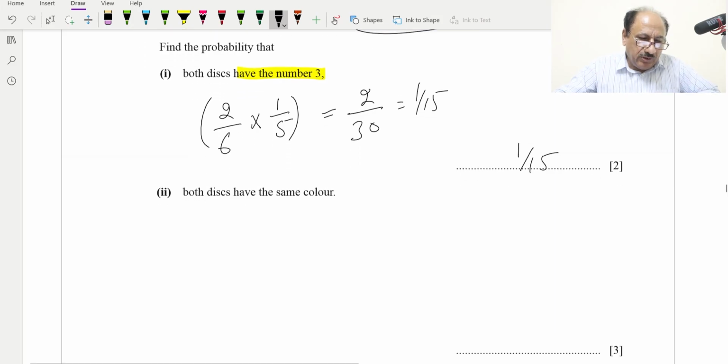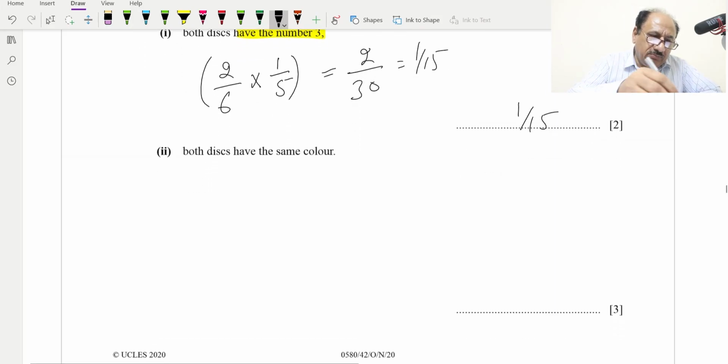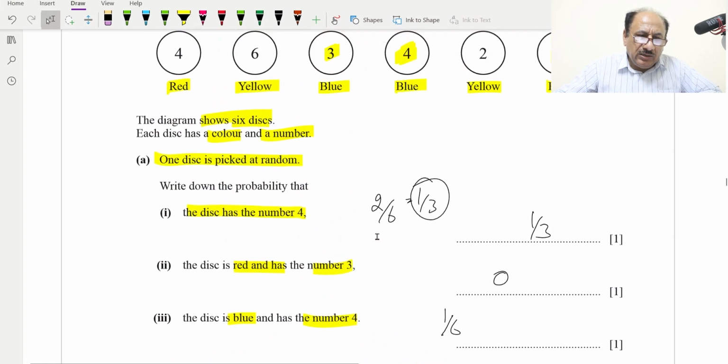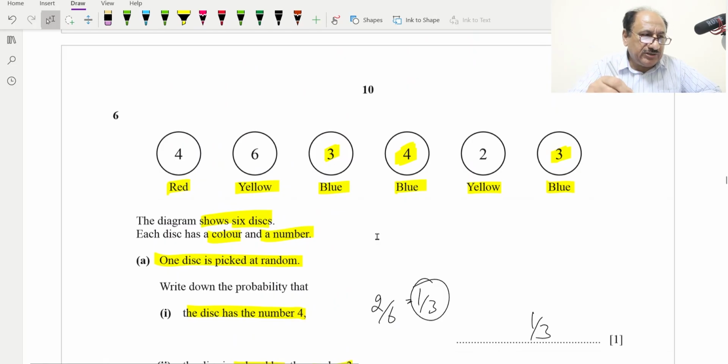Now we can calculate both discs have the same color. If we check, the same color possibility is basically blue and yellow, because red is only one, so red cannot have another one. Yellow can have two and blue can have three.